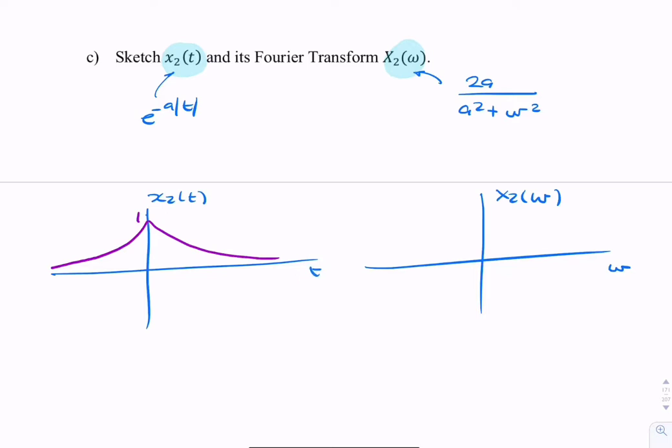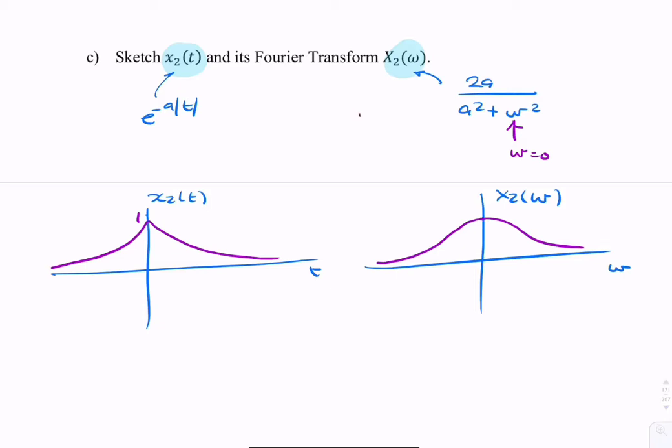x2 of omega, because it has an omega squared in the denominator, the signal would look something like this. So as omega approaches infinity, this would approach 0. And this point here is when omega is equal to 0.